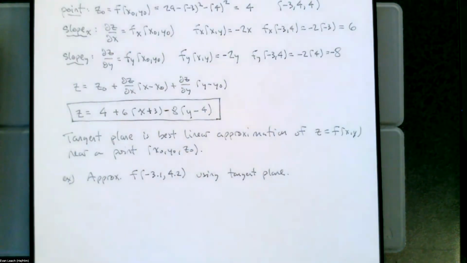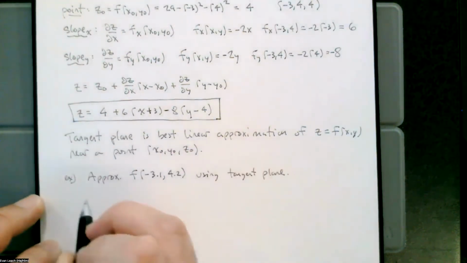It might be that this is all we've got because we looked at our data and we saw how z was changing in the x direction, and we saw how z was changing in the y direction. We don't know what the function looks like. So we're just going to have to approximate what's going on near that point. And we just plug it into our linear function.